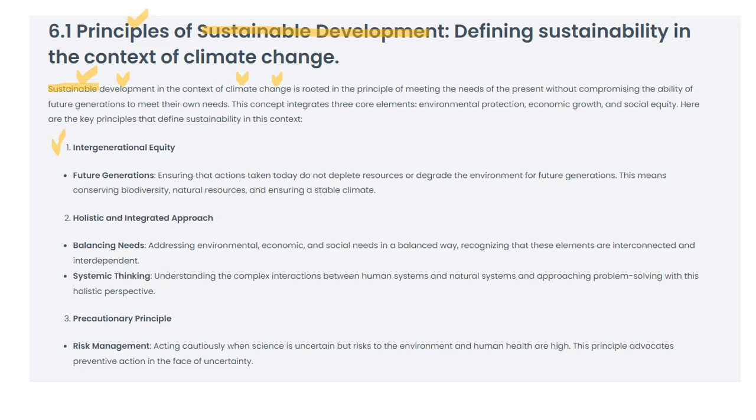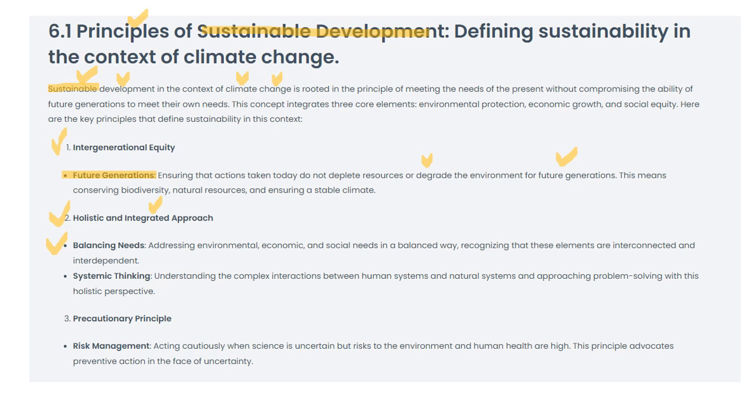the intergenerational equity. I mean here, future generations should not be deprived of the natural resources. Environment should not be degraded for the future generations. We have to look at the integrated approach. What is the integrated approach? There should be balancing needs.